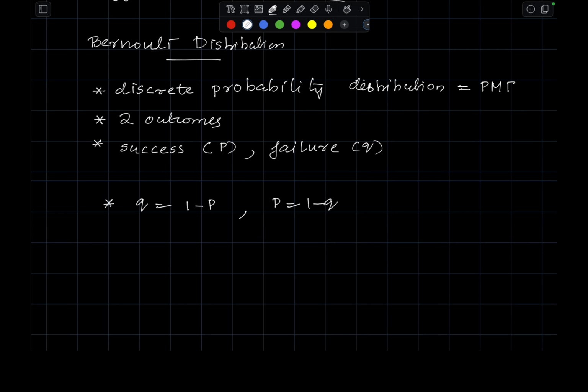And if we are looking into a fair coin, let's say we are looking into an example of coins, the probability of head is 0.5 and the probability of tail is again 0.5.